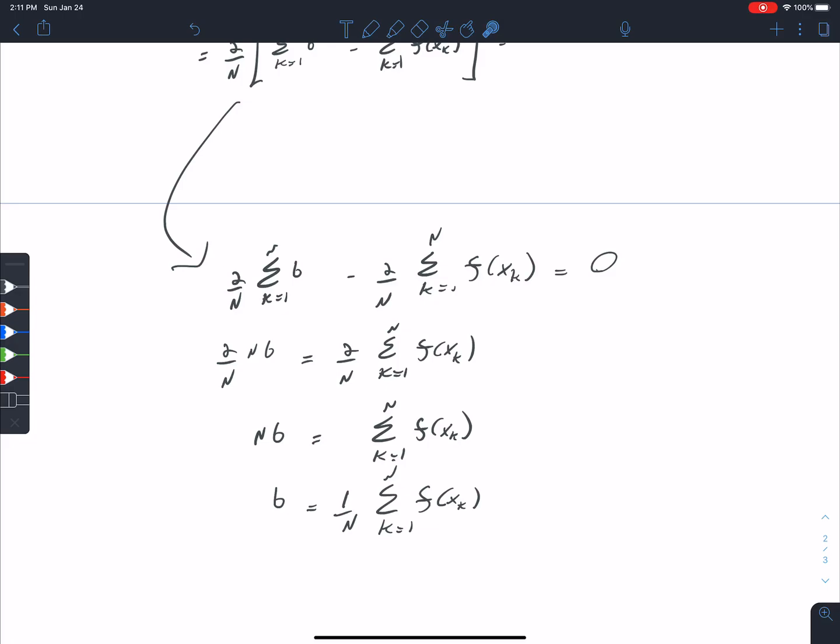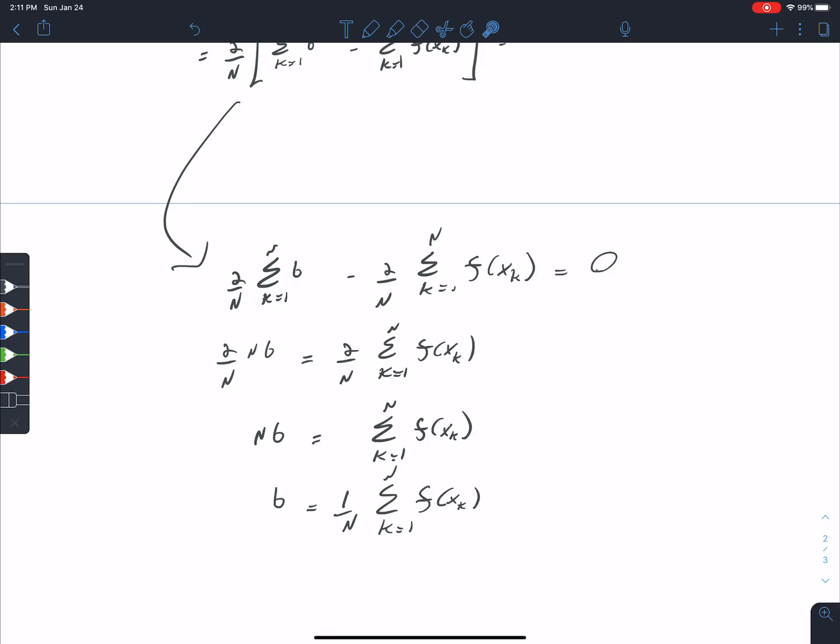It's a linear system because the value that we're seeking, b, only appears with a multiplicative term in front of it. There is no sine of b, no b squared, no square root of b, or any nonlinear thing happening to b. So this is a linear system of equations.